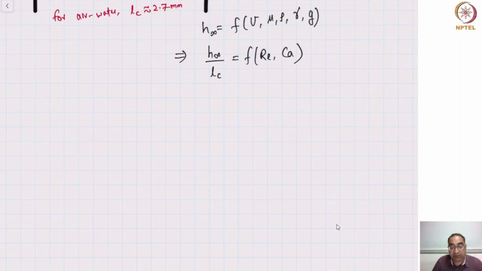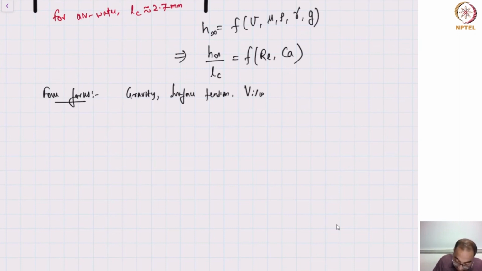Now there's another way to think about why we should get three non-dimensional numbers. There are four forces: gravity, surface tension, viscous forces, and inertia, and therefore you should expect three non-dimensional combinations.